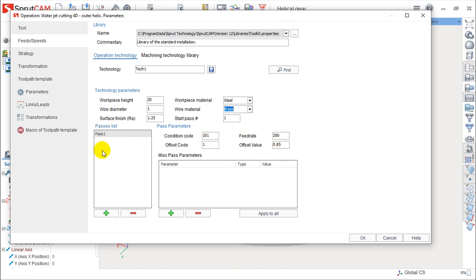Okay, and multiple passes if you want to apply other ones with specific conditions. Also technology parameters if you want.